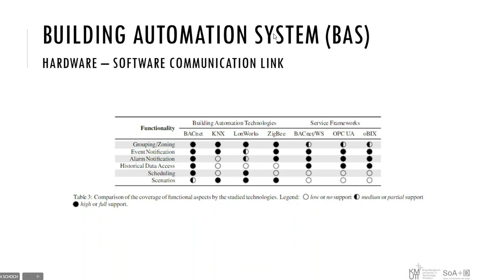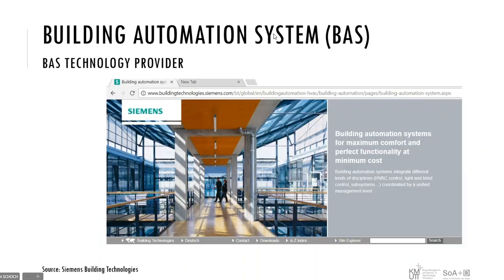So, for example, you may have a building that is running on BACnet technology for the most generic systems, such as temperature control, but Zigbee is a more recent protocol that also allows wireless communication. So that's why nowadays they are able to work together under certain circumstances.